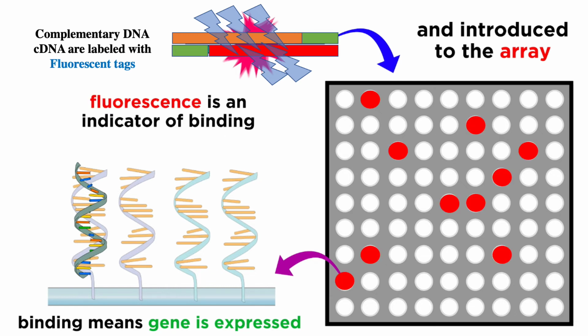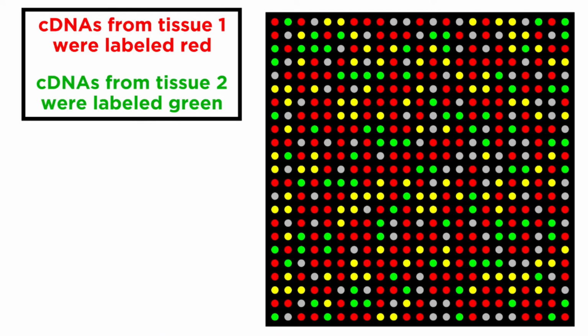Whenever binding has occurred, this is indicated by the fluorescence of the cDNA and is clearly visible. If we label different samples with different colors, such as different tissue samples, we can then get an enormous amount of qualitative data all at once.